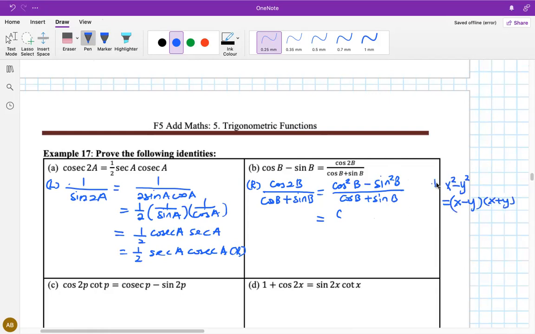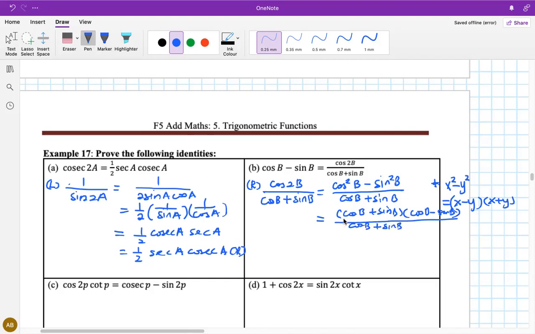So we have cos b plus sine b, then cos b minus sine b, over cos b plus sine b.